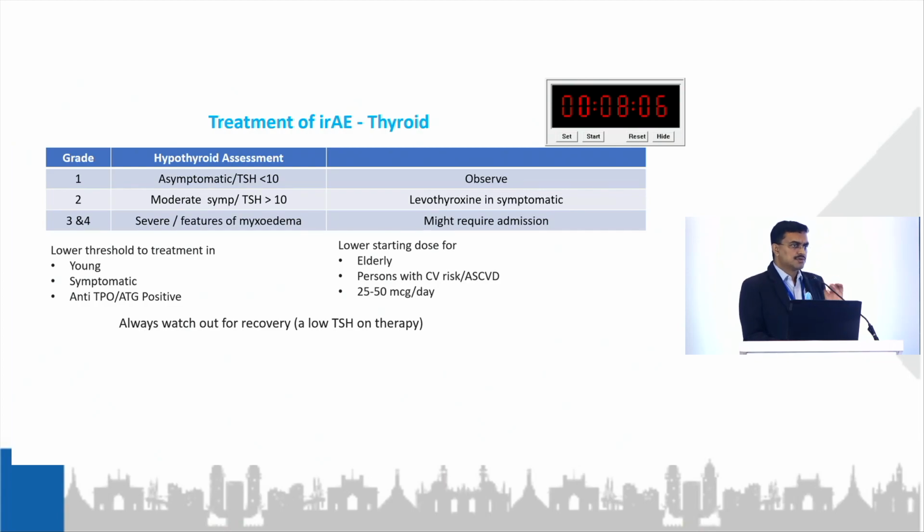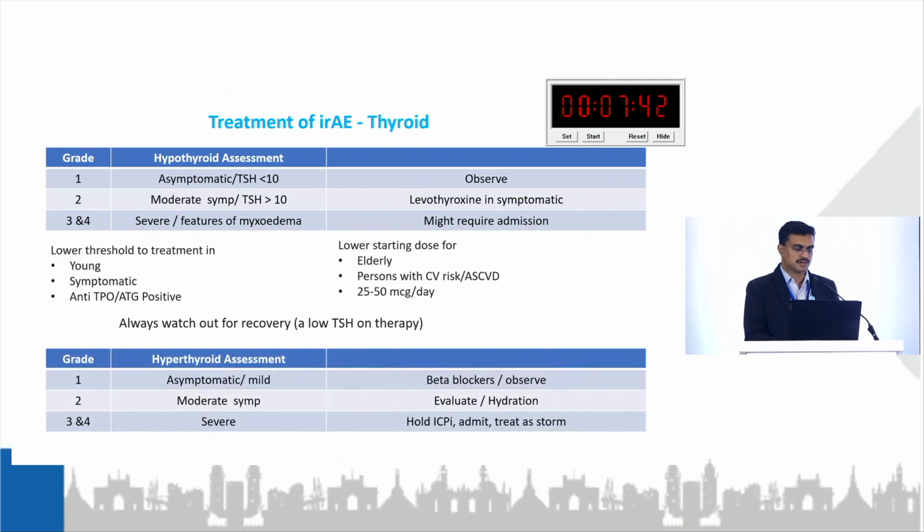One difference in treatment of this group of diseases is that we should always watch out for recovery, because most of the time the endocrine side effects are irreversible, as I've already mentioned, as has been shown earlier by the speaker also in a slide. But still, we should be aware that it could recover, and in case that happens, we should be the first one to recognize, rather than the patient by themselves stopping the treatment and coming to you saying, see doctor, I am not on medicine and still I am normal.